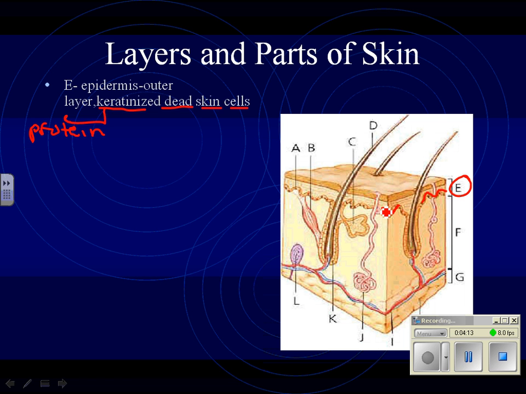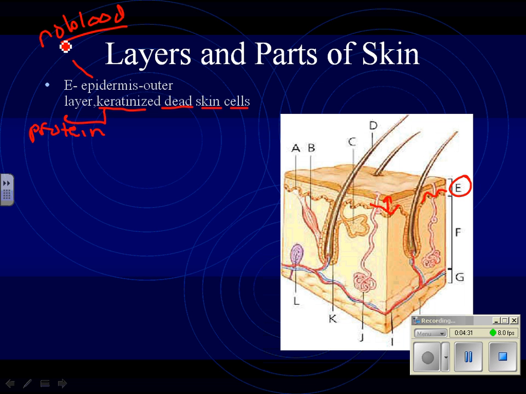At the bottom layer here, as epidermis is produced, as these cells move farther and farther away from their blood supply, there is no blood supply to the epidermis.